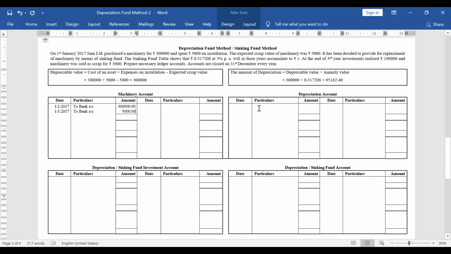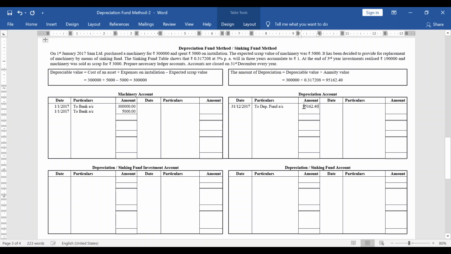The next entry in this case is passed on 31st of December 2017, that is at the end of the year, and the entry is for providing depreciation. The entry for providing depreciation is depreciation account debit to depreciation fund account and the amount of depreciation is 95,162.40.